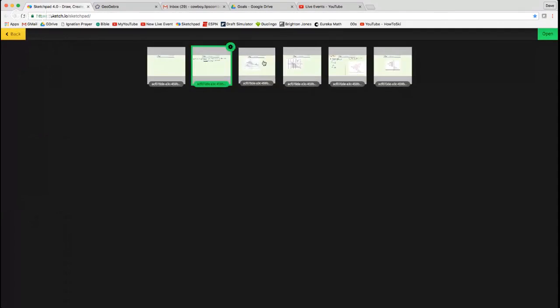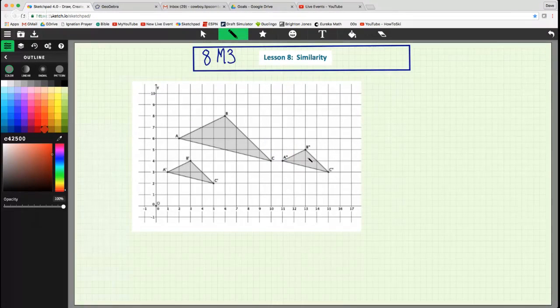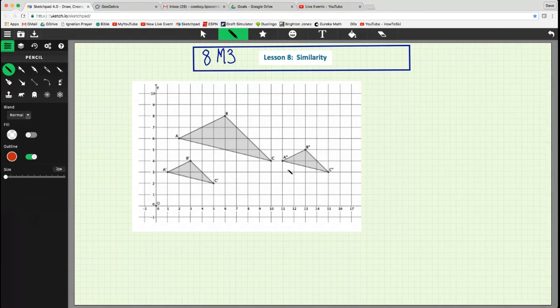One of the ones that you saw in class today, if you went to class and you're doing Eureka Math. Okay. Now the question is, let's forget about this shape for a second. We're going to look at these two shapes.